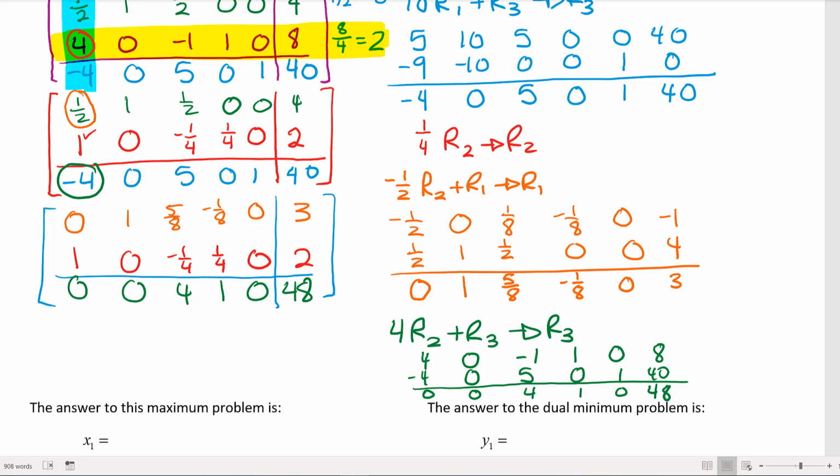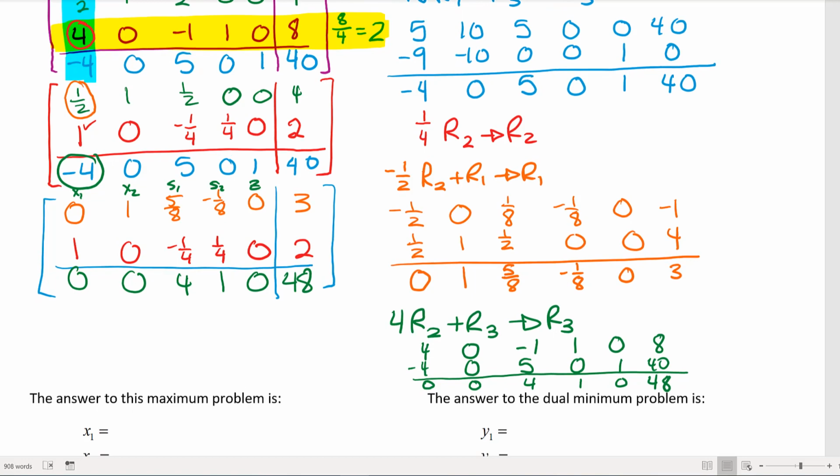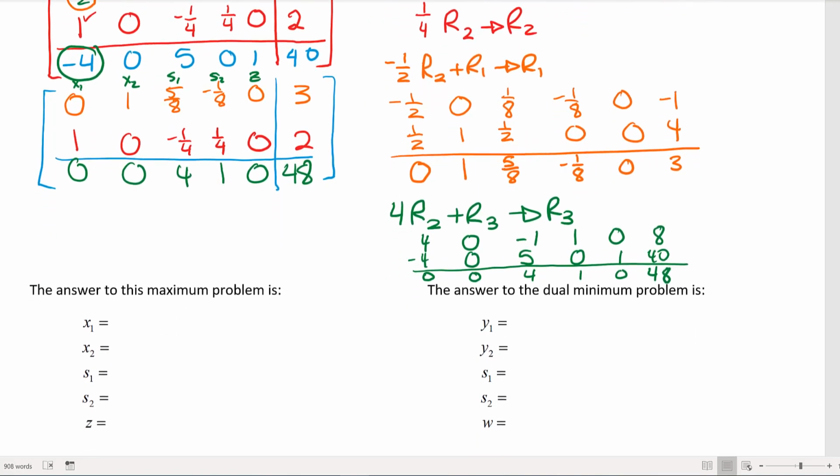I know that my maximization problem is done because there's no more indicators. So let's go ahead and see what the solution to that is. I'm going to rewrite my labels here, x1, x2, s1, s2, z, and then the last column is the numbers. Notice that my basic variables are x1 and x2. That means s1 and s2 are going to be my non-basic, and I set those equal to 0.